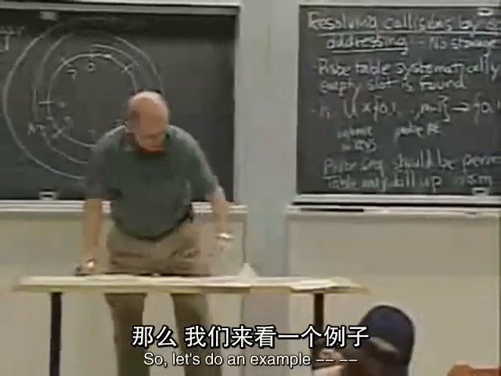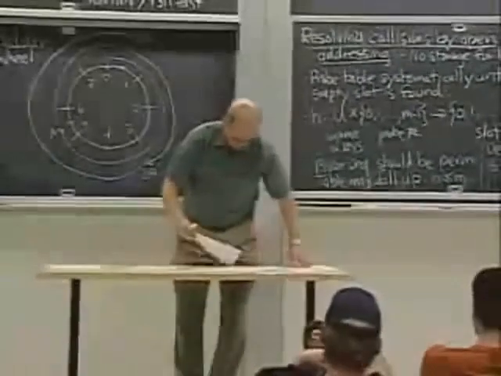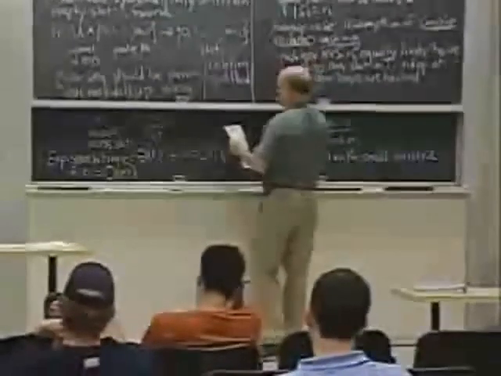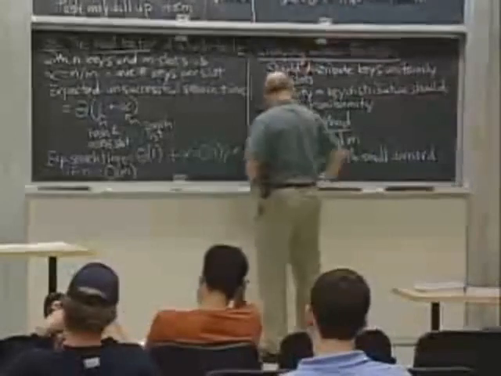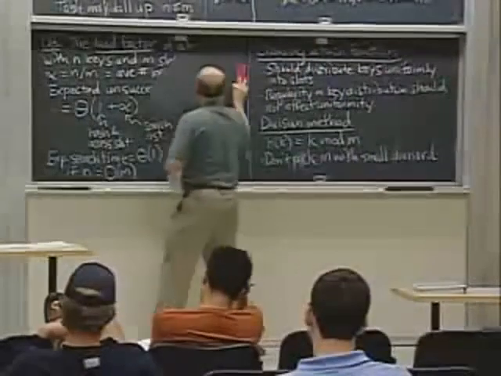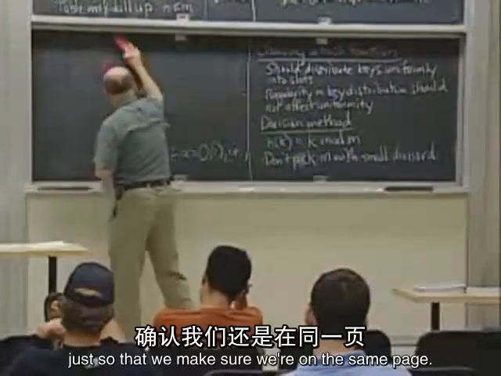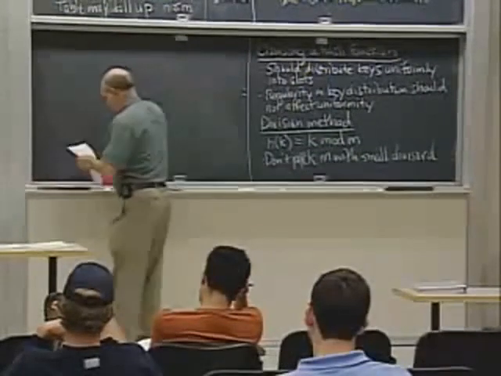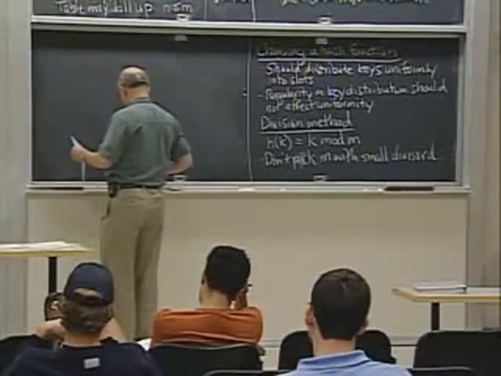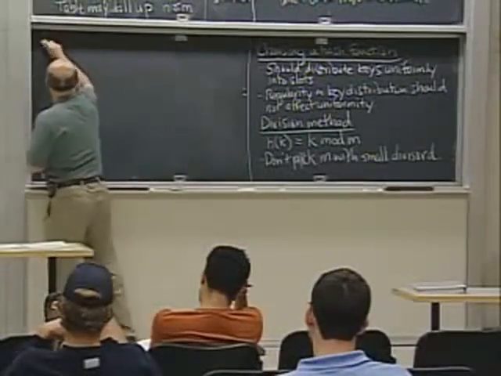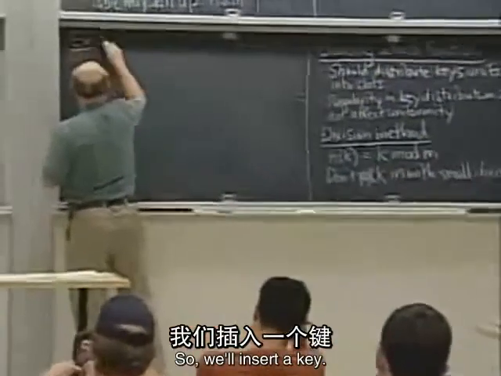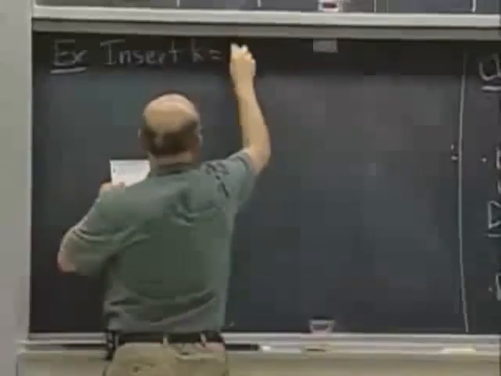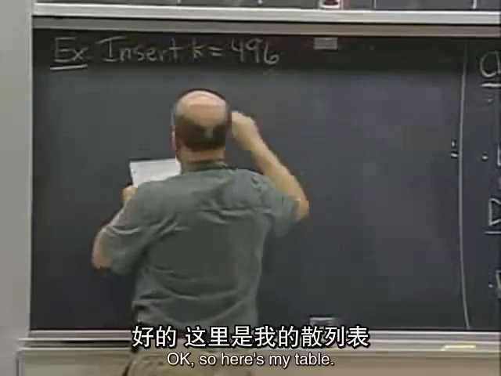So let's do an example, just so that we make sure we're on the same page. So we'll insert a key K is 496.